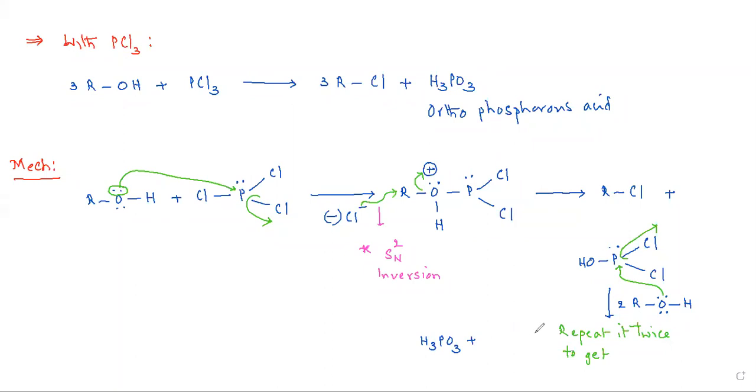Then, of course, two more moles of alkyl halide. We have already got one here and now two here. So overall it is 3 moles. Okay.